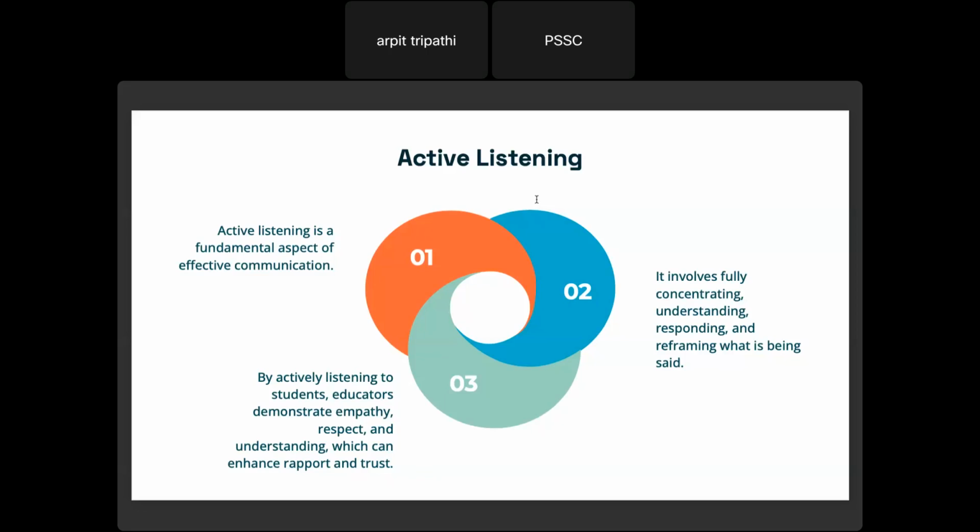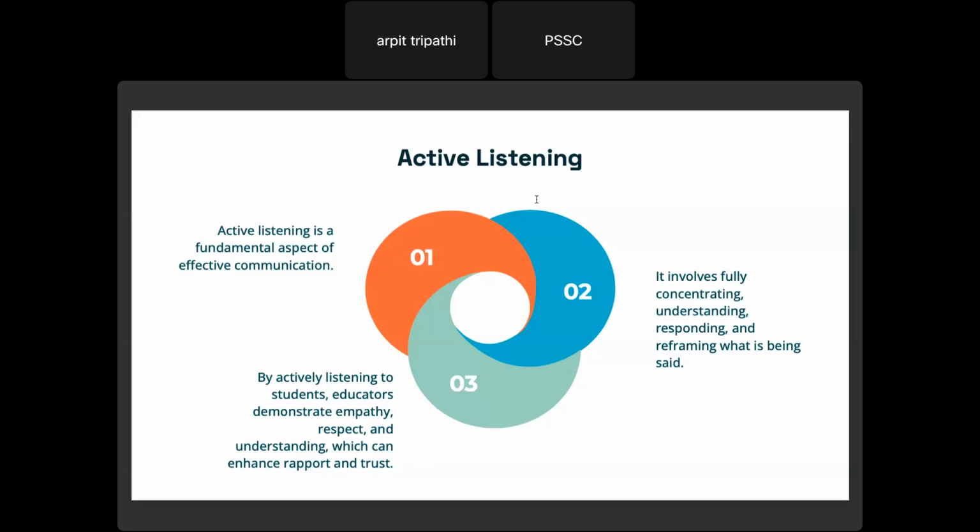Last but not the least, a part of active listening is building rapport. Actively listening to students builds rapport and strengthens the student-teacher relationship. The relationship always gets affected when there's not a good rapport between the teacher and the student.